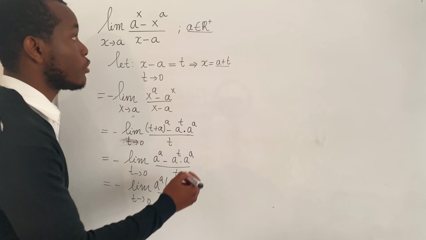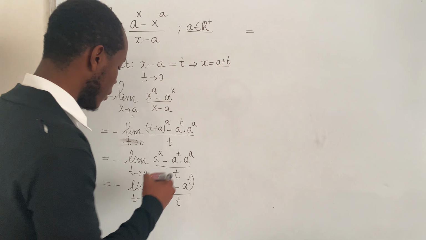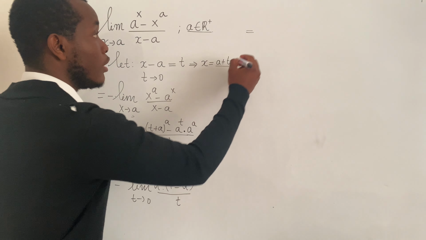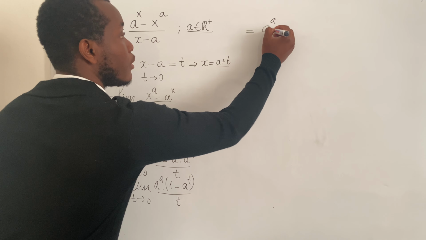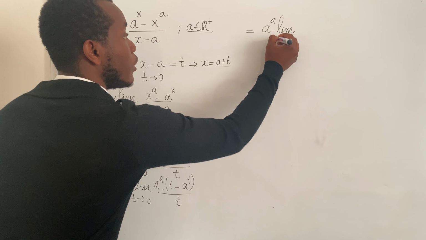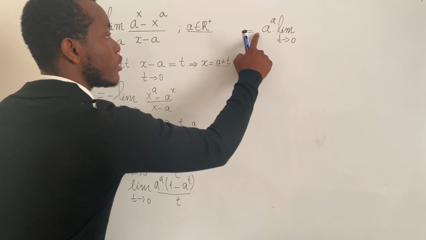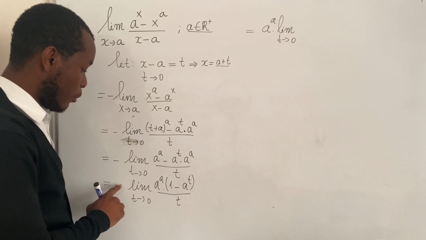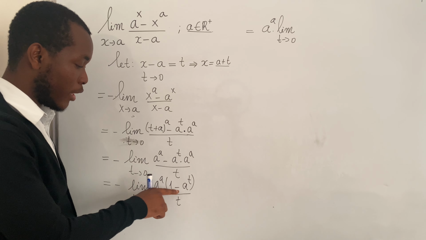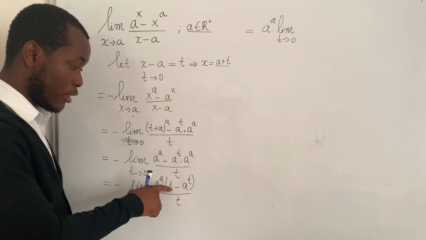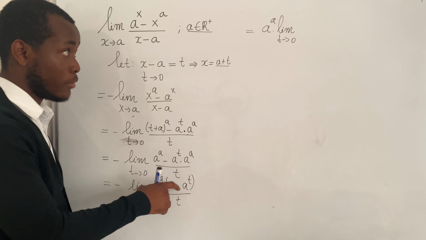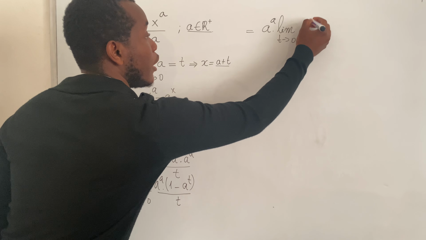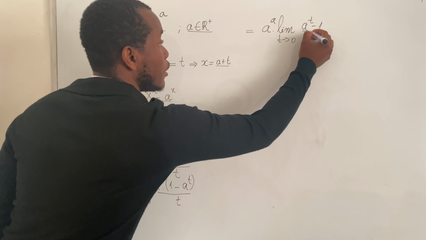Now, what about the negative here? This negative can enter, multiplying here: 1 will become negative and a^t will become positive. So we're going to have a^a times the limit when t approaches 0 of (a^t minus 1) over t.